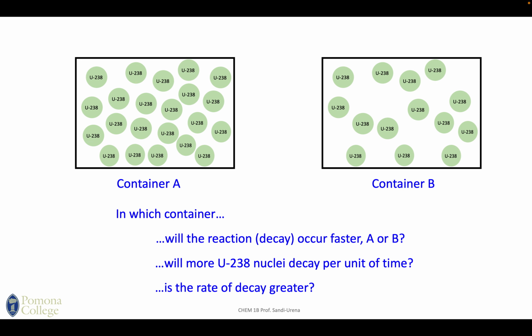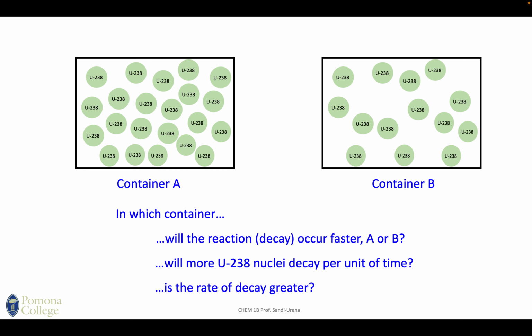Here we have two containers to represent that, and what I want to do here is model the way you can learn from reading your textbook when you come across pictures, images, figures, diagrams. If you're given these two containers, A and B, both containing uranium-238, you can question that information that's been presented to you.